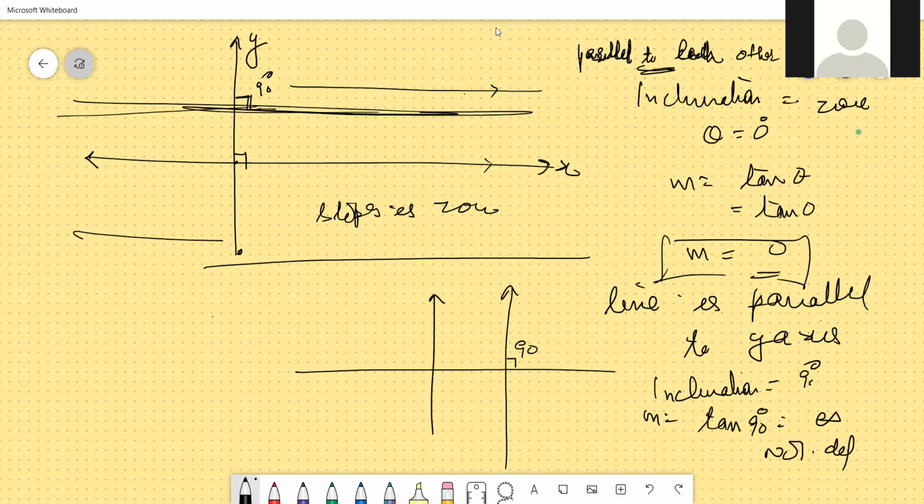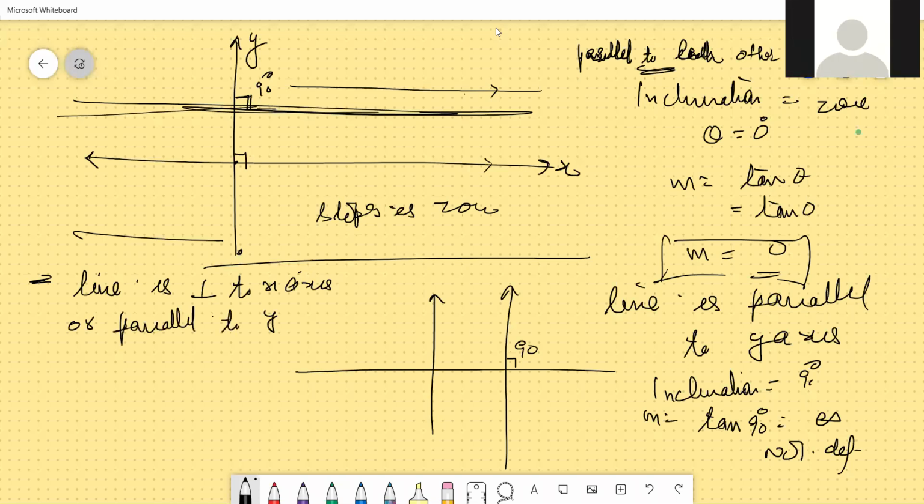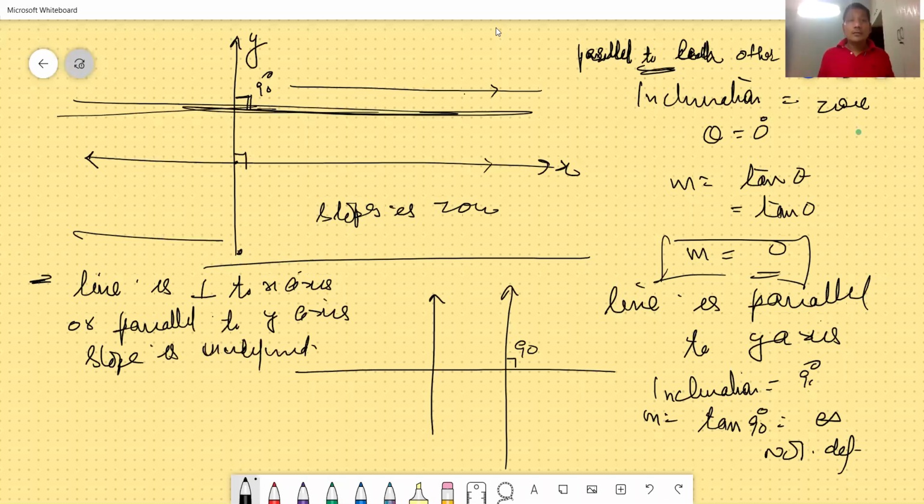So the point to make is that if the line is perpendicular to the x-axis, or parallel to the y-axis, the slope is undefined. Right.